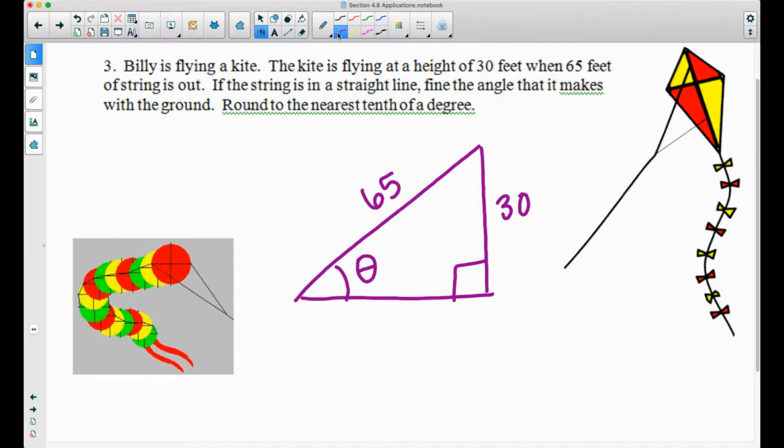So what trig function am I using here? Sine. So if I don't know the angle, and again, this was something that if y'all made a mistake on those 2 questions on the test, this was it right here. When you don't know the angle, we do the inverse.